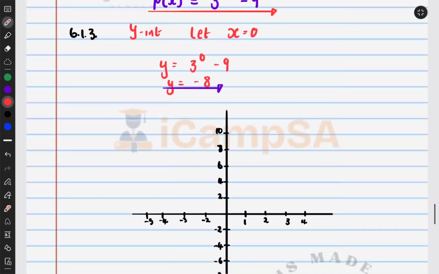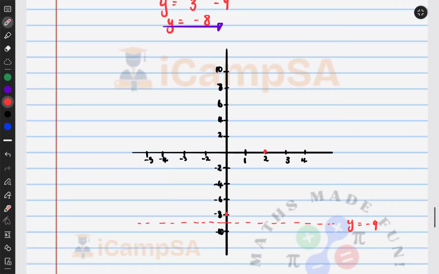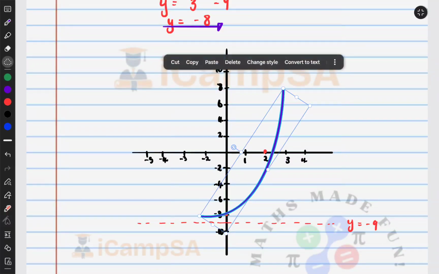So it's going to be here, 2 and 0. Once we have that, we can go ahead and sketch our function. It's going to be of that nature.